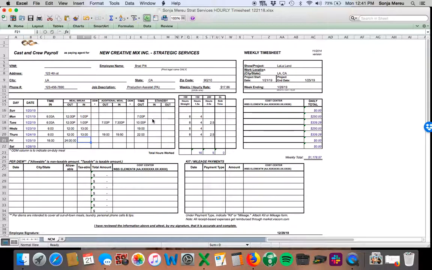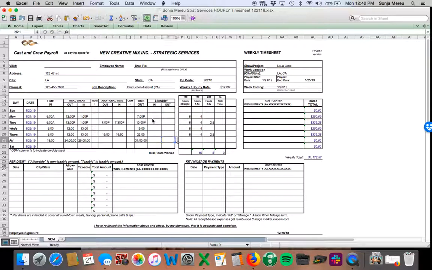And then you'd be back out from lunch at 1 a.m., which in this case, when you work an overnight, it keeps counting up. So you would do 25. And then again, let's assume that they kept to a 12-hour day. So your out time, you get off work at 7 a.m., that would be 24 plus 7, 31.